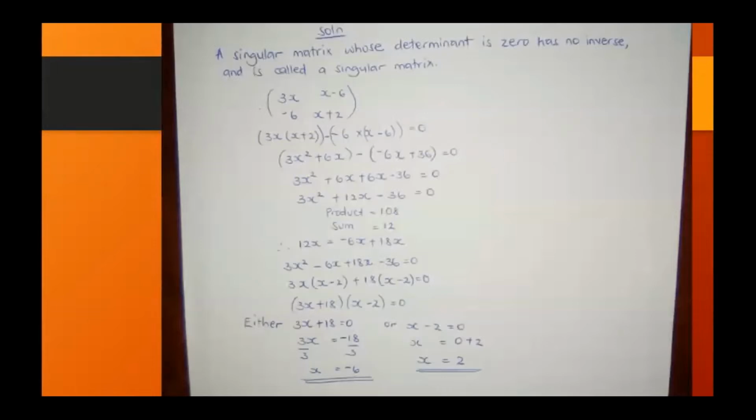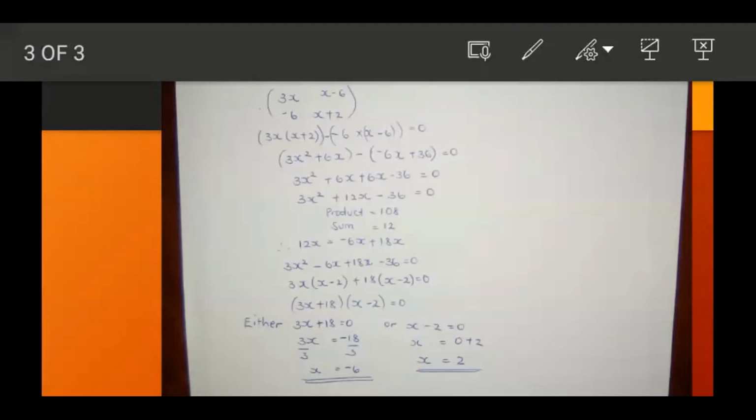So we had reached at this step. 3x squared minus 6x plus 18x minus 36 is equal to 0. Then 3x into x minus 2 plus 18 into x minus 2 is equal to 0.